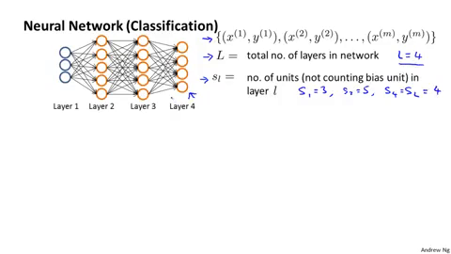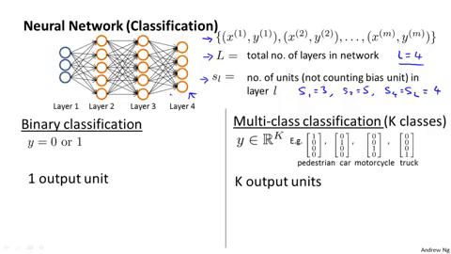We're going to consider two types of classification problems. The first is binary classification, where the labels y are either 0 or 1. In this case, we would have one output unit. So this neural network on top has 4 output units, but if we had binary classification, we would have only one output unit that computes h(x). The output of the neural network, h(x), is going to be a real number.